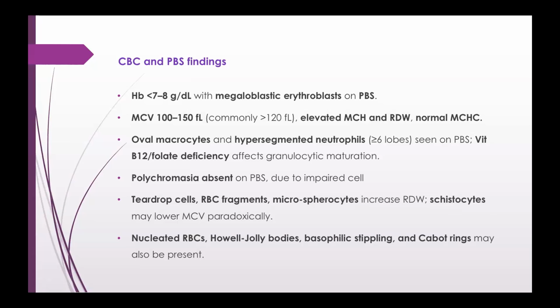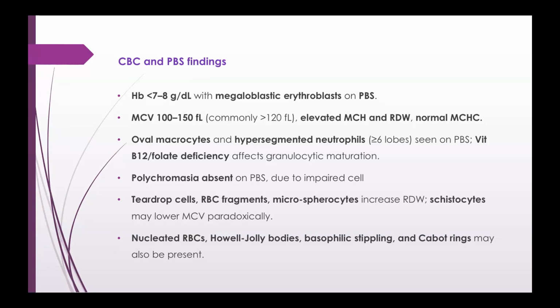So keep in mind that megaloblastic anemia is a component of hemolytic anemia, and because these are fragments of RBC, this will paradoxically lower MCV, because even if we can always claim that MCV is high due to megaloblastic anemia, because of the fragments as a result of hemolysis, this can even lower MCV.